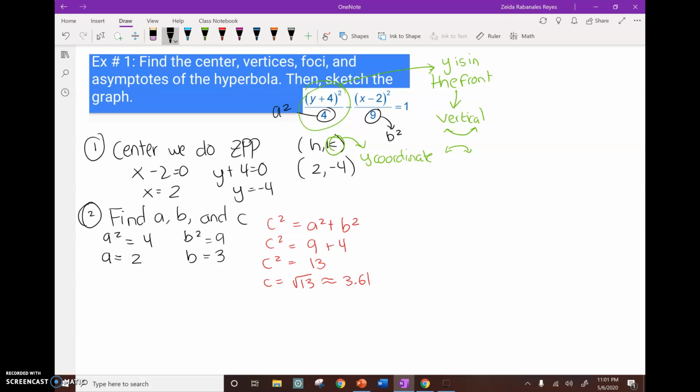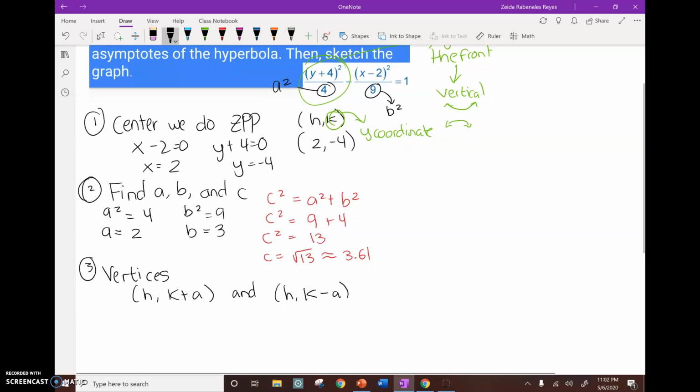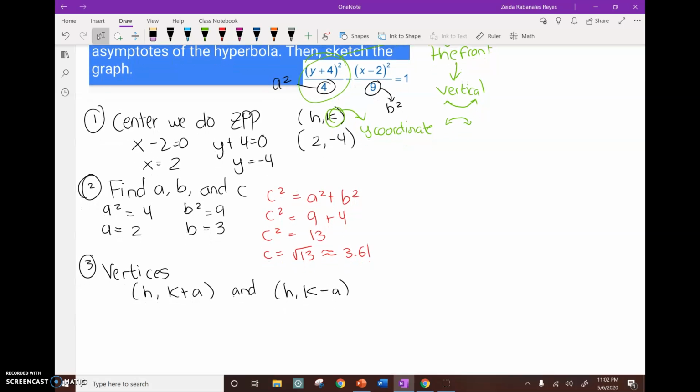So then step 3, I have my vertices. I have h comma k plus a and h comma k minus a, and then that's gonna give me the vertices of the graph.